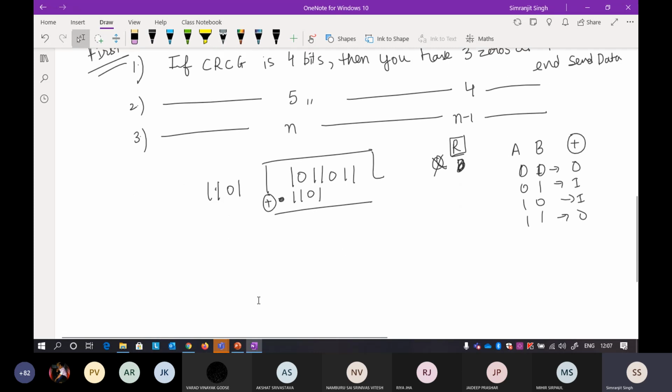XOR is also known as a modulo 2 circuit. Why is it called a modulo 2 circuit?